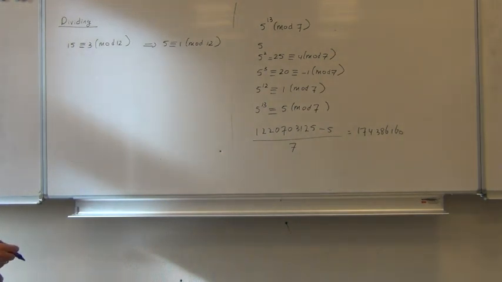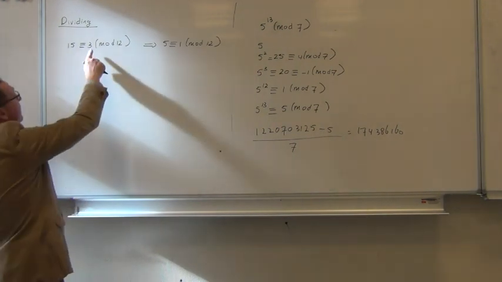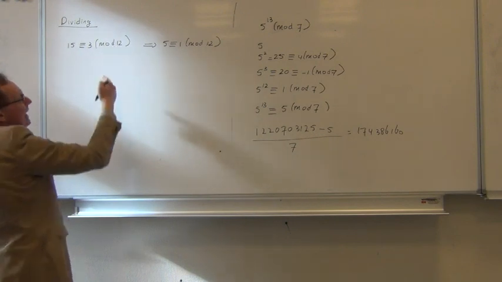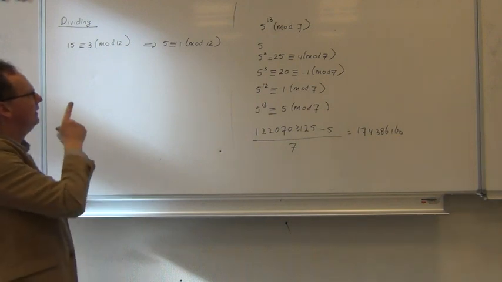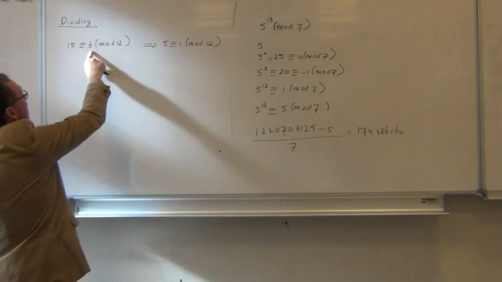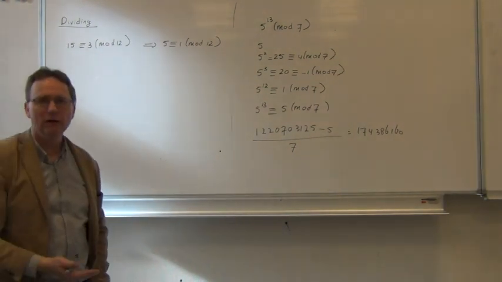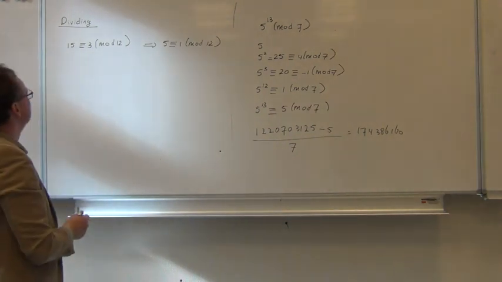So there is a little problem there. And the problem is that in this case, we divide by 3, but 3 and 12, they have a common factor. It turns out that the dividing is possible when the number through which we divide and the base of the modulo are relative prime.